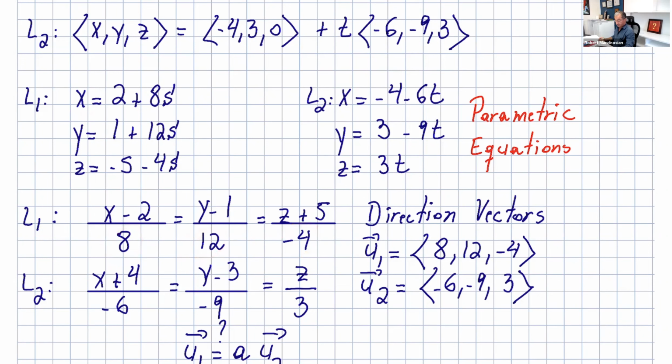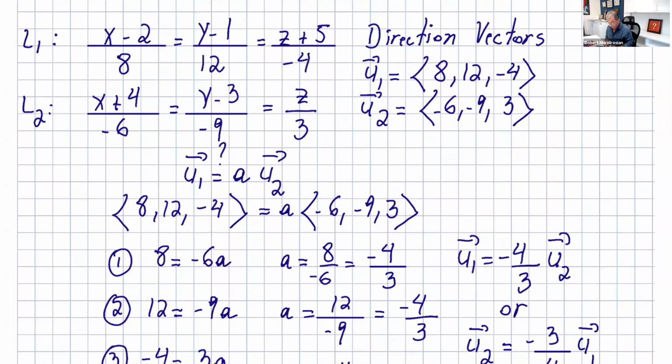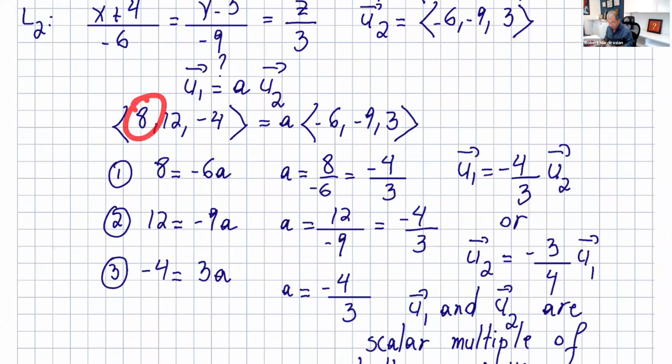If the direction vectors of two lines are scalar multiples of each other, that means the lines are parallel. That's what I tried to do. I want to see if that works. So I wrote u1 equals a times u2. These are the components of the direction vector for L1, (8, 12, -4), equals a times (-6, -9, 3). So 8 equals -6a, 12 equals -9a, and -4 equals 3a.